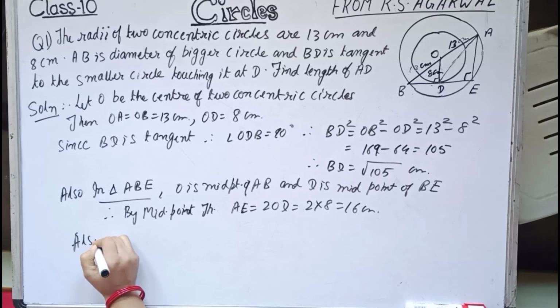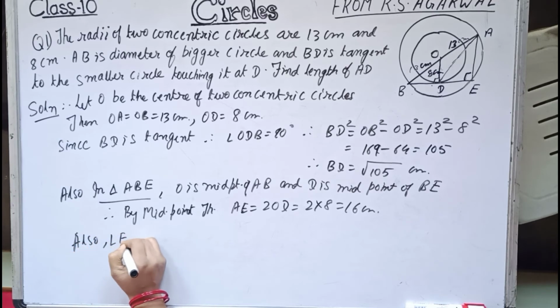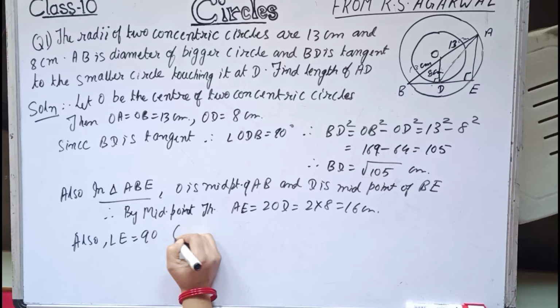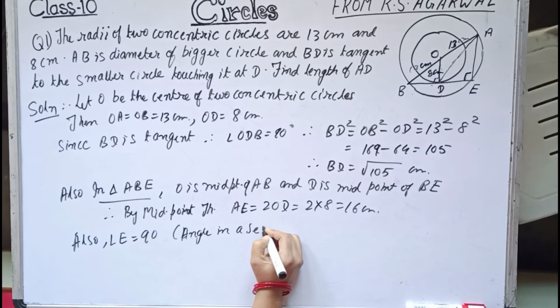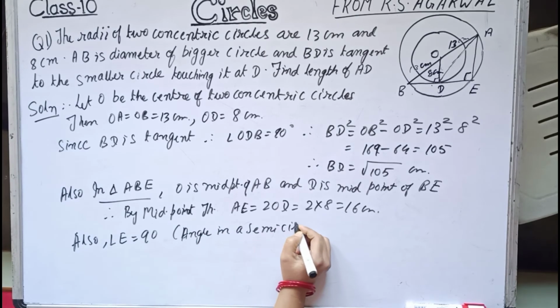Also angle E equals to 90 degree, angle in a semicircle.